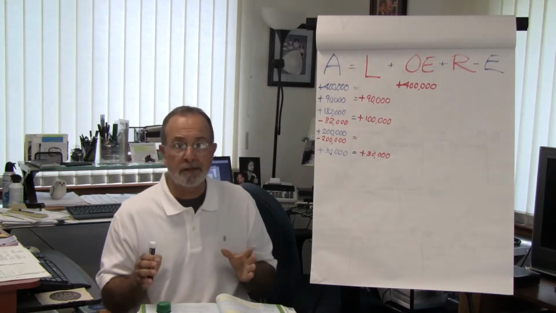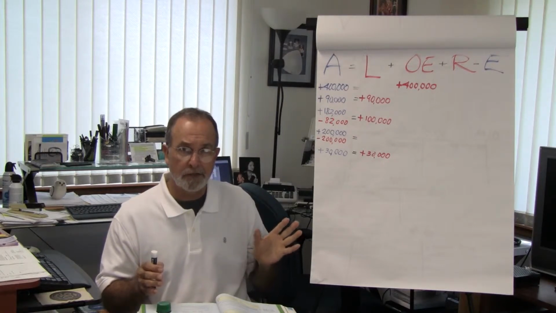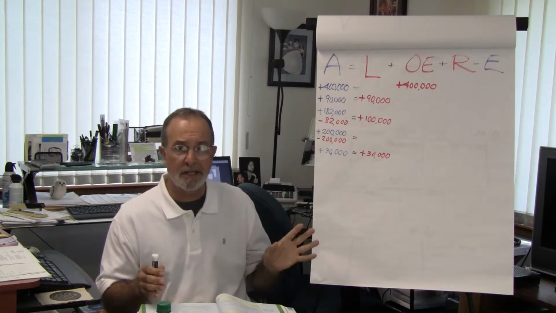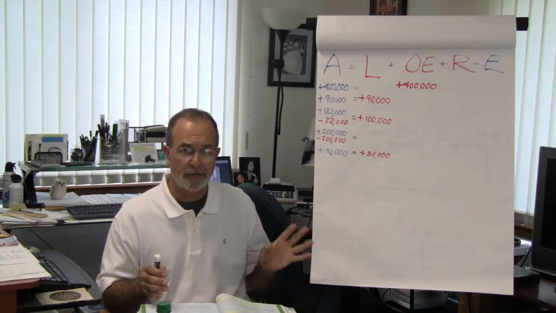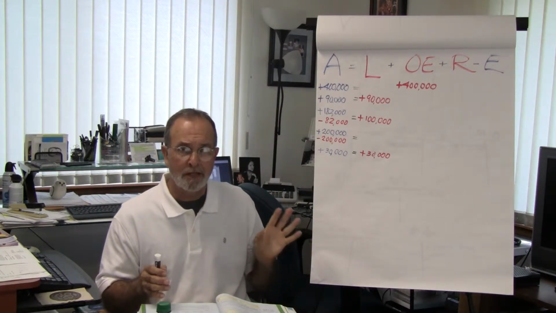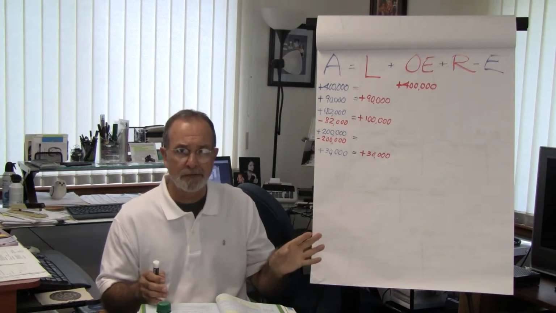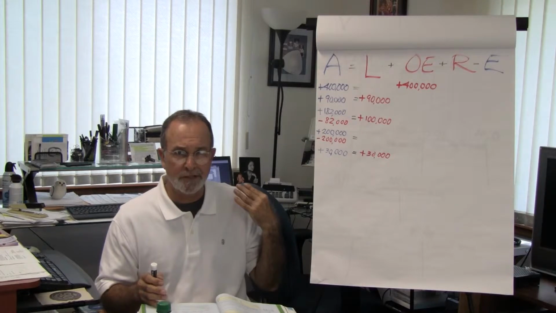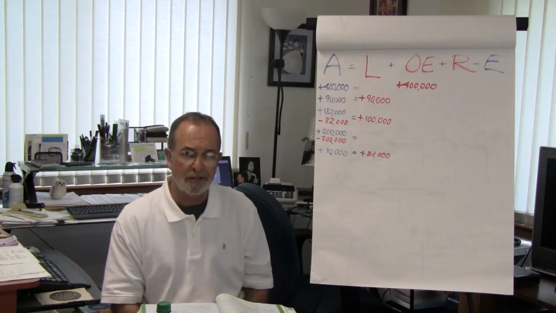And keep in mind that the debit for every account category is always the left side of the account. The credit for every account category is always the right side of the account. So debits are always the left side, credits are always the right side.